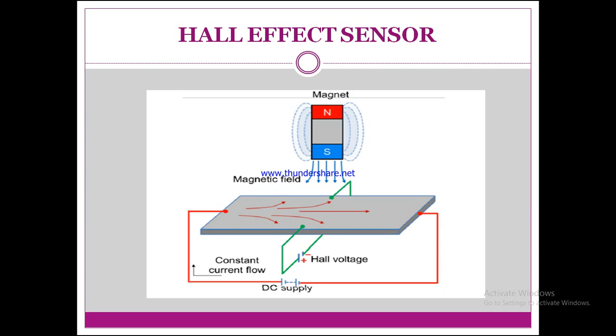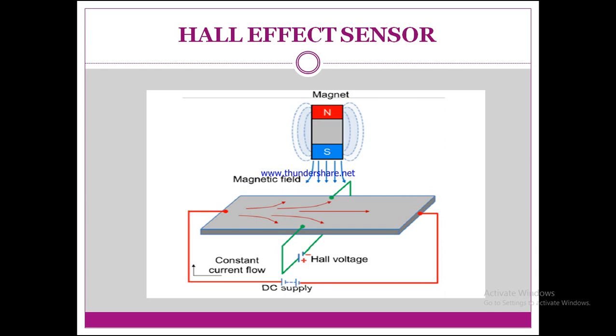What will happen? The current, which flows normally in the horizontal direction, will be affected by the magnetizing force applied to the conducting plate.